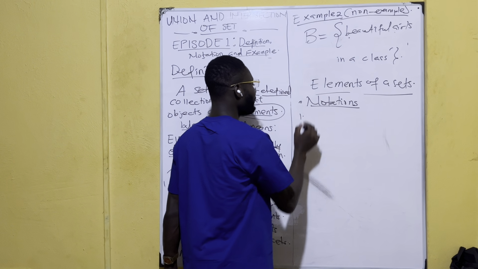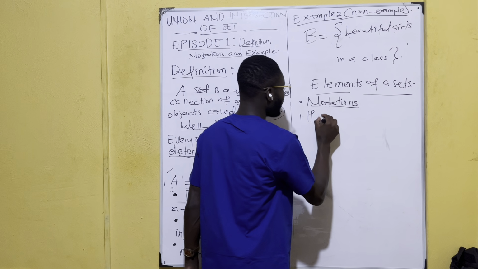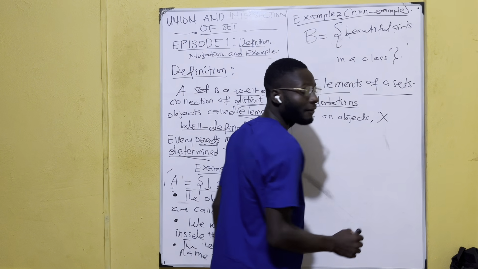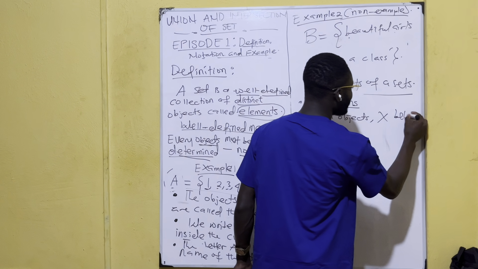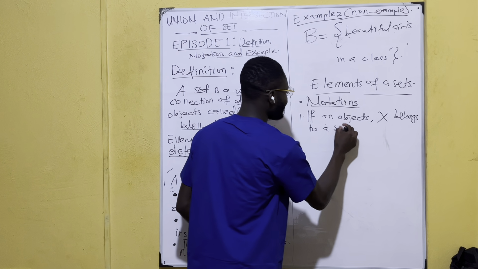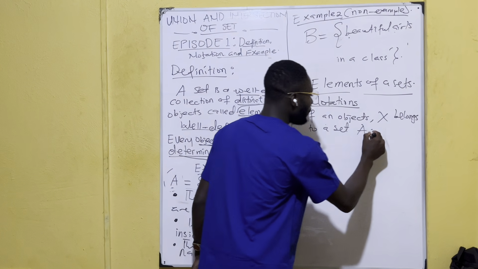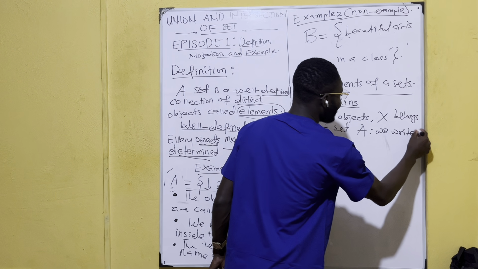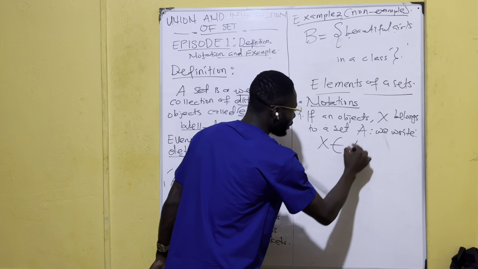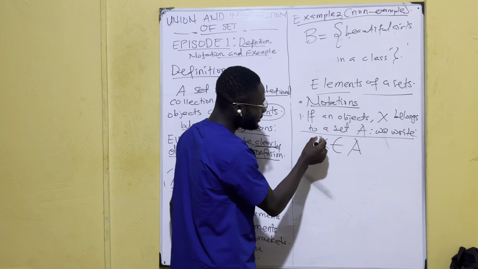First thing we are looking at in notation is that if, for example, an object, let's say X, belongs to a set called A, then we write that as X belongs to what? A. This long English right here is the same as this.